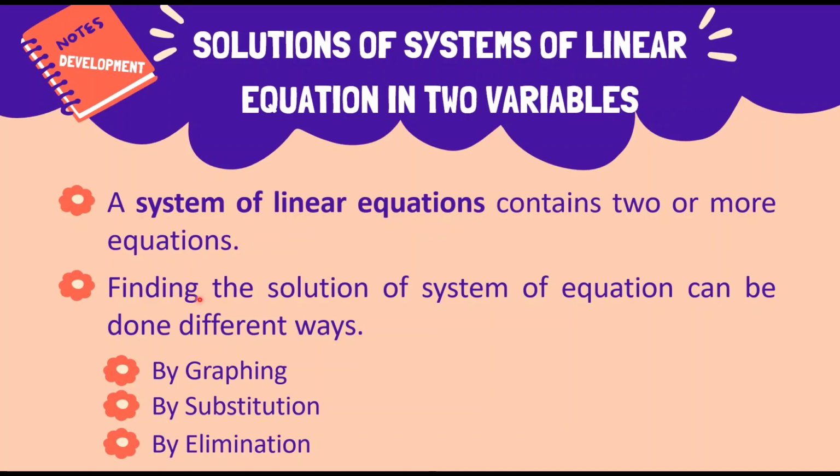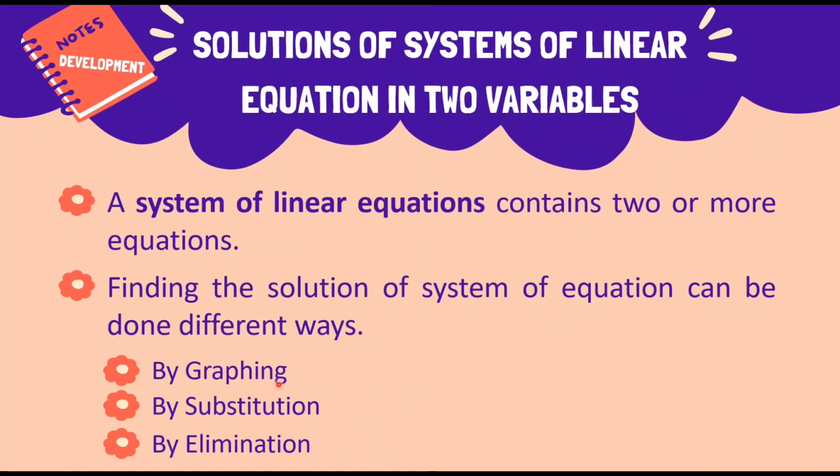So in order to find the solution of system of equation, it can be done in different ways. So meron tayong different ways on how to find the solution of system of linear equation. So that is by using graph or by graphing, by substitution method, and of course by elimination method.